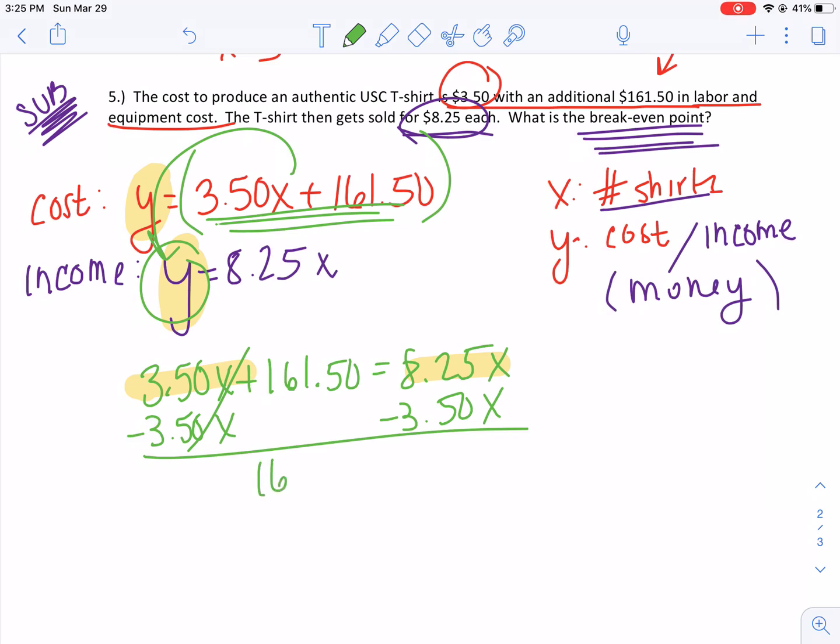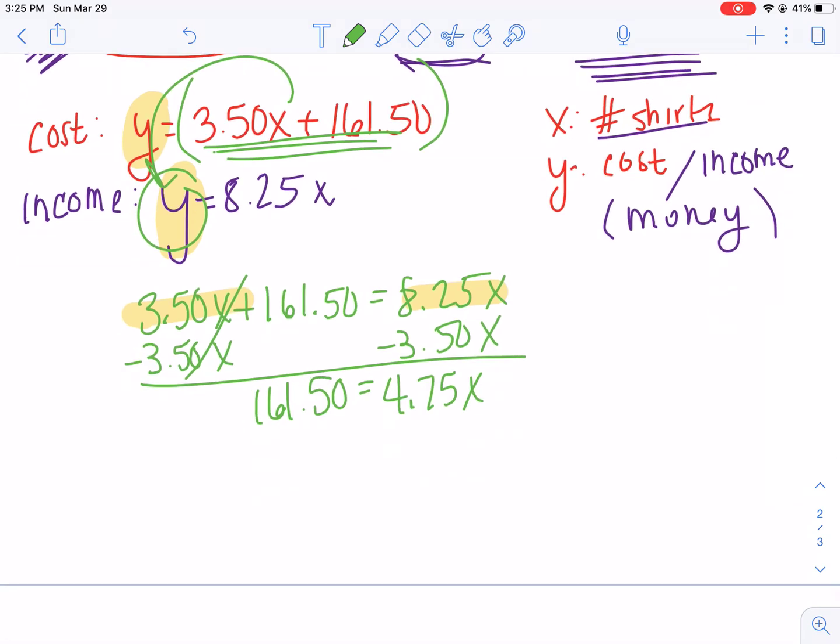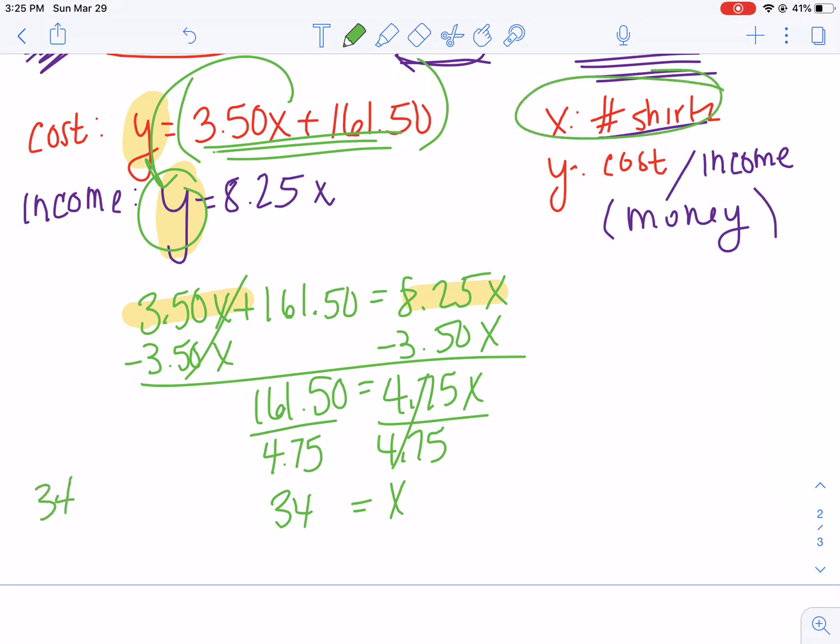I'm left with $161.50 equals 4.75x. Almost there. I need to divide both sides by 4.75. And x equals 34. Okay, great. Well, if x equals 34, remember, x is the number of shirts, so something with 34 shirts. Okay. Let's find our y.